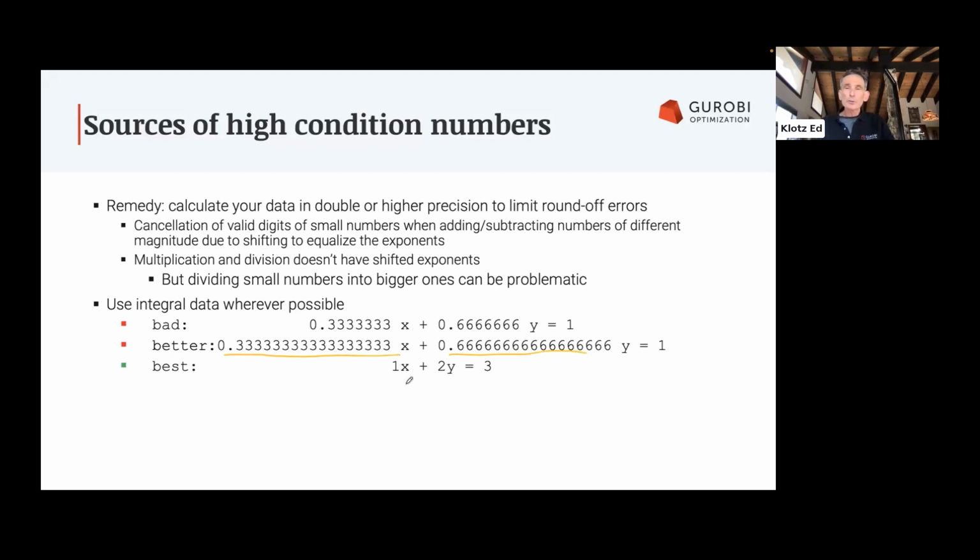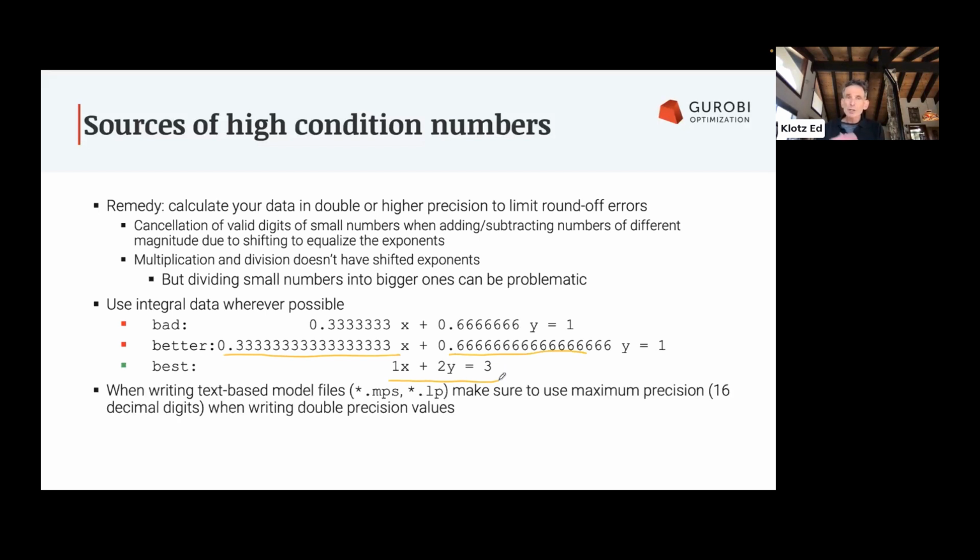So we can just multiply through by the least common multiple of the denominators, which is 3 in this case. And now we get this all-integer representation of this constraint, which is more precise with no round-off error at all. So that's the best approach.